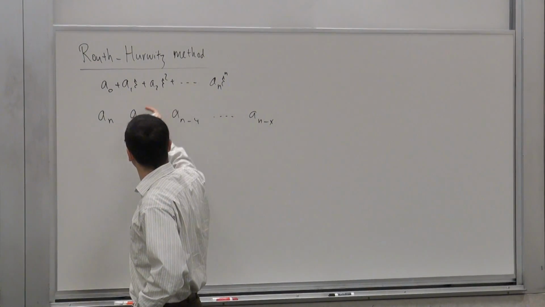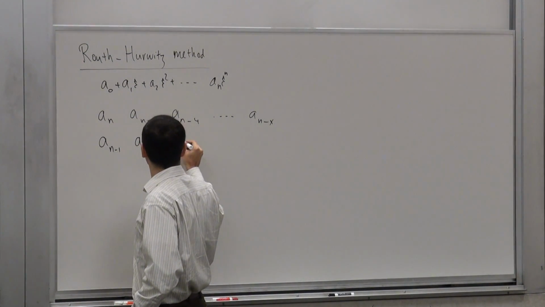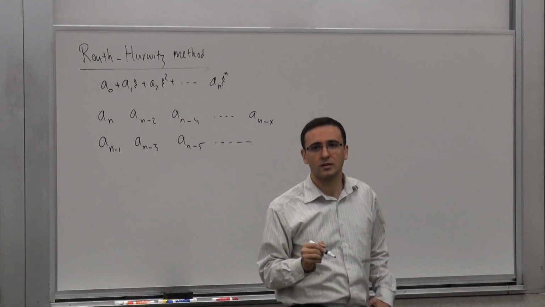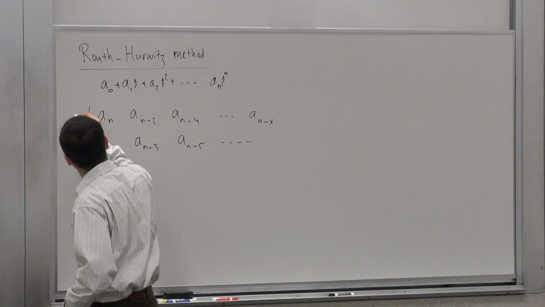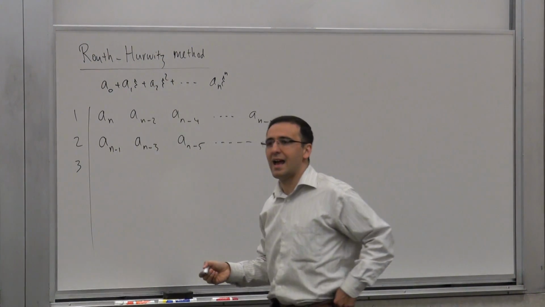Then you write the other ones underneath it, again every other one: an minus 1, an minus 3, an minus 5, all the way. So you form a table like this.